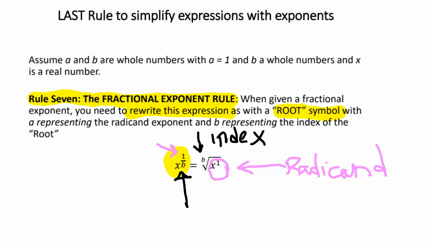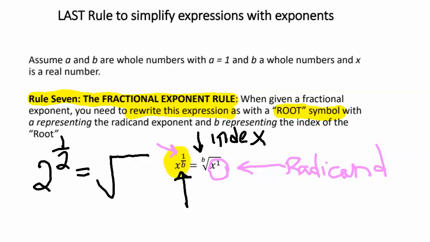So let me show you. If I have this problem, I have 2 to the, let's do 1/2. Okay. This is saying that I'm going to take a radical.